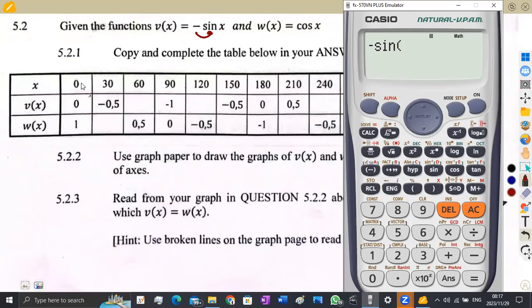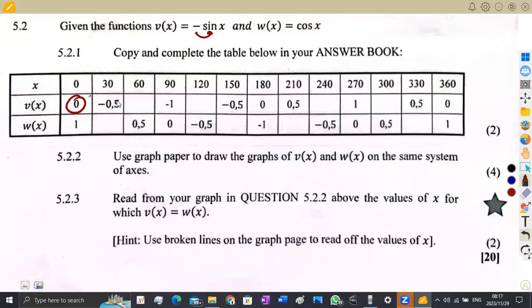So that's minus sine x. Like here, if our x is 0, we put a 0 like this, we close, it's 0. So for the following one, minus 30, at minus 0.5 is the same. Then you're going to move on to 60, 120, 240, 300, 360, substituting on sine x.